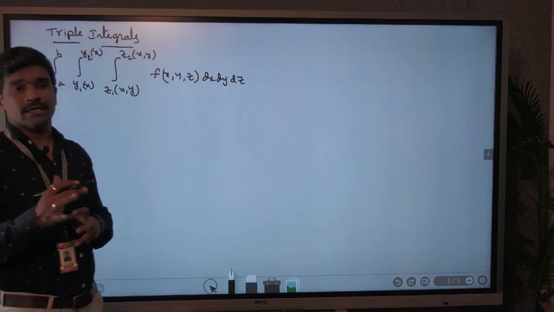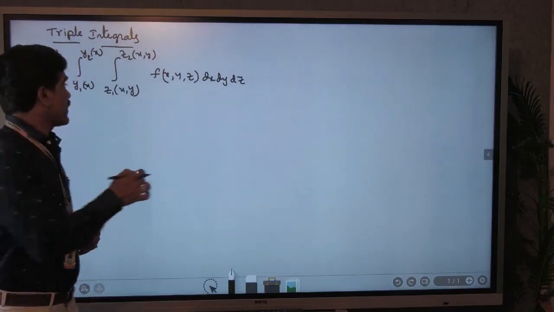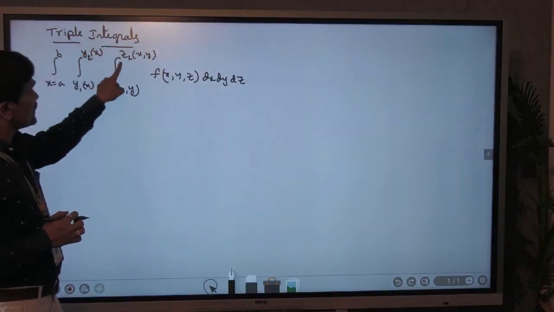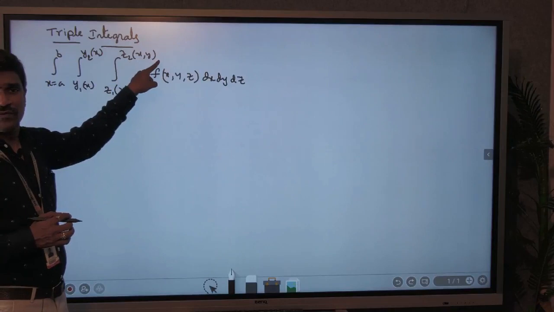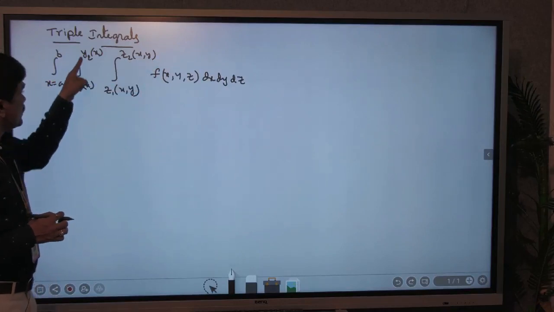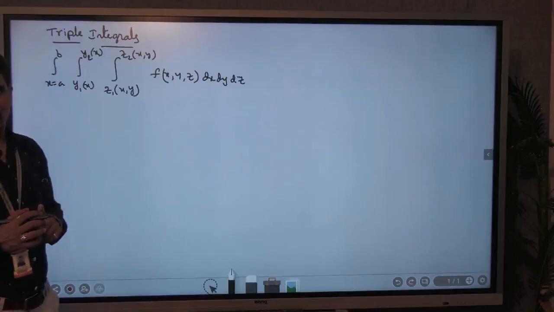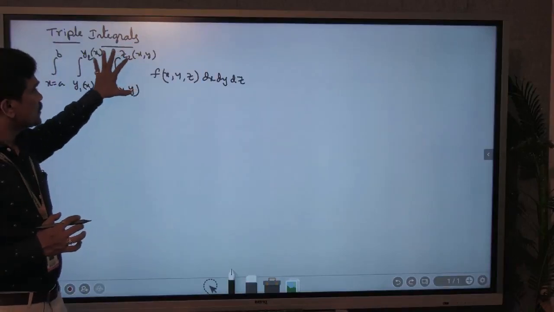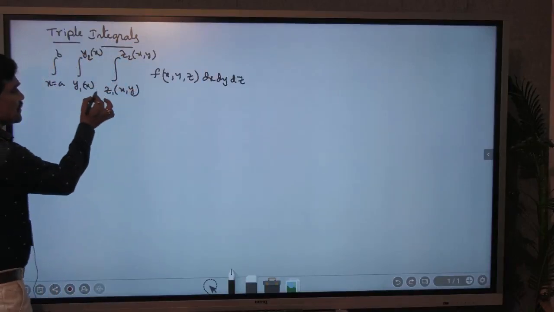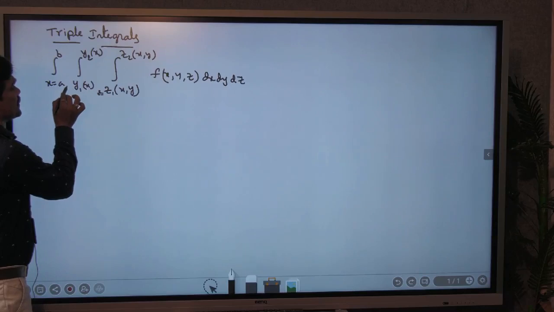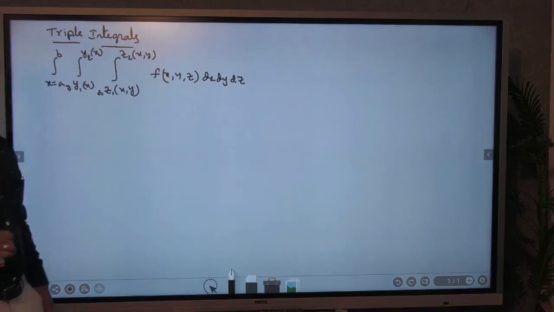Now how to integrate this function? First of all, z1 and z2 are functions of x comma y, and y1 and y2 are functions of x, then x is constant. So these limits are z limits, these are y limits, and these are x limits.